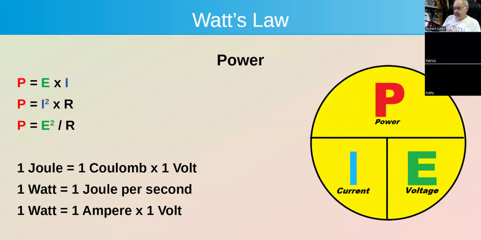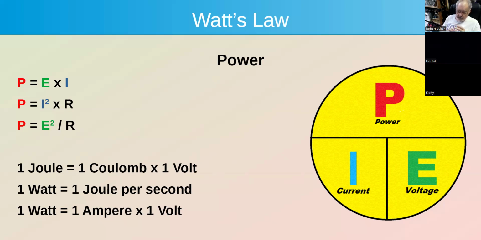Okay. If you have trouble remembering that, I would say the first thing you do is draw your little pie chart or write the equations down. The same thing for the power pie chart, where, and this is kind of called Watt's law, the power, or the rate at which energy is being used, is equal to the electromotive force times the current.